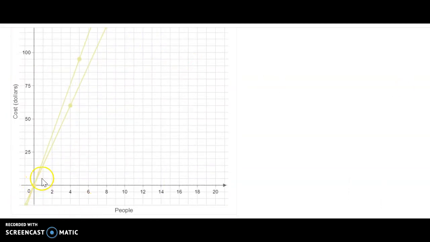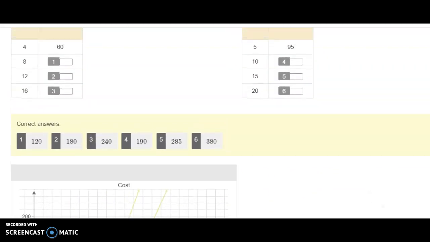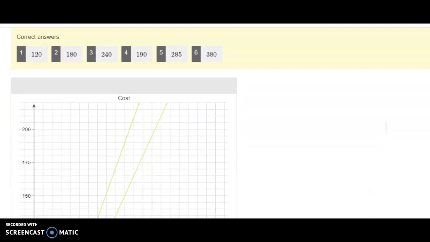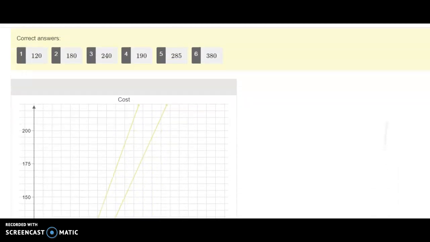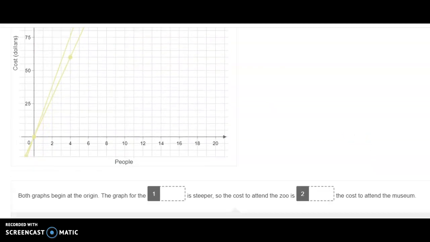You're going to graph how much it costs per person, for 4 people, and then for 8, 12, and 16, and then the second one is 5, 10, 15, and 20. So you're going to graph that over. If you look right here, here's 10, and this is what the cost would be. You guys can do this. Just take it a piece at a time and just do your best.